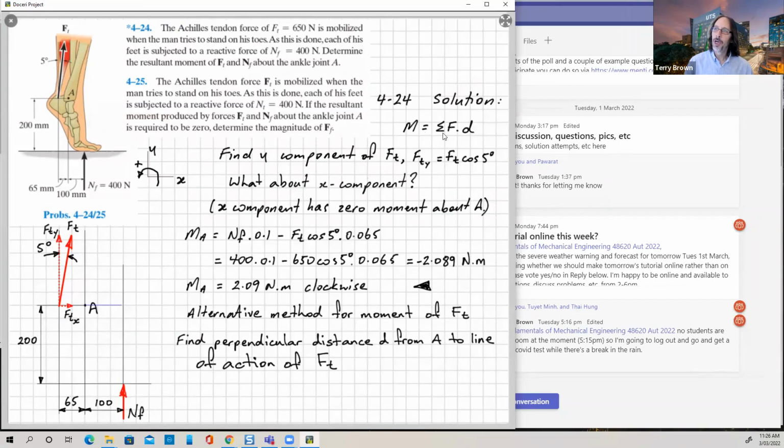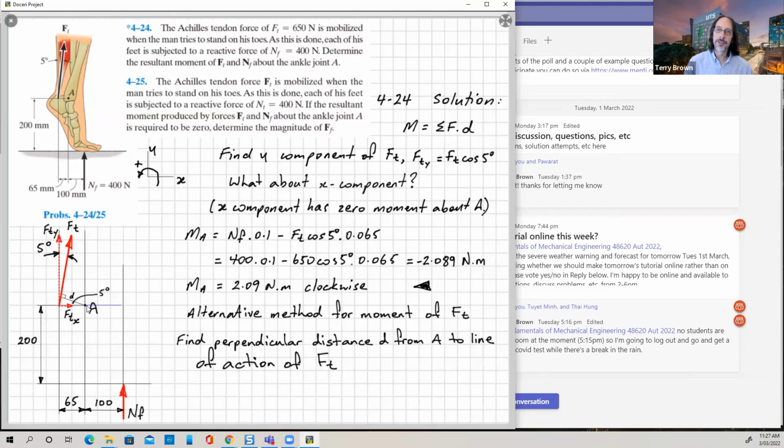Remembering that the moment is the force times the perpendicular distance from the point we're calculating moments about to the line of action of the force. We need to know this little distance in here, D. Thanks, Jacob. So in order to use this approach, we just need to use some trigonometry to work out the length of this line here, D. It's not that difficult trigonometry. You should be able to work out that this is 5 degrees in here.